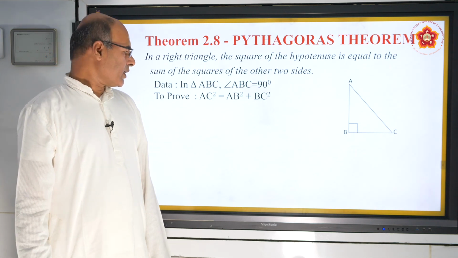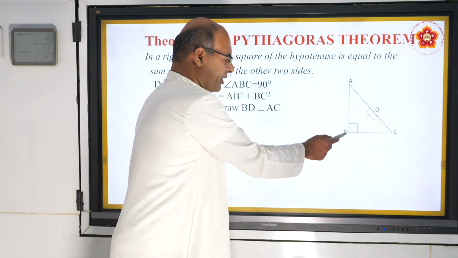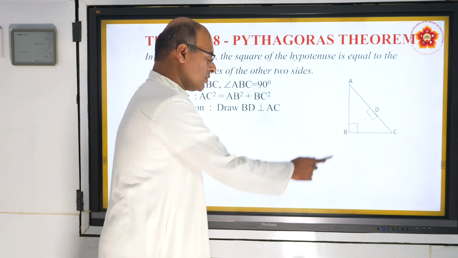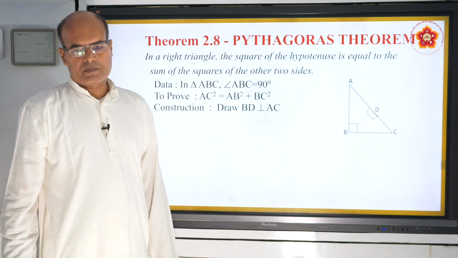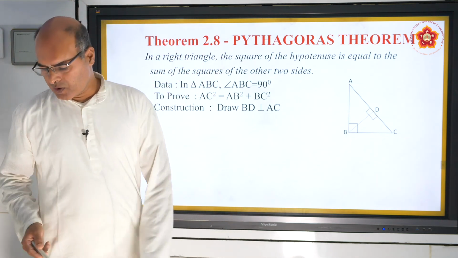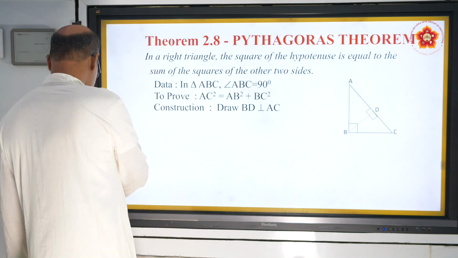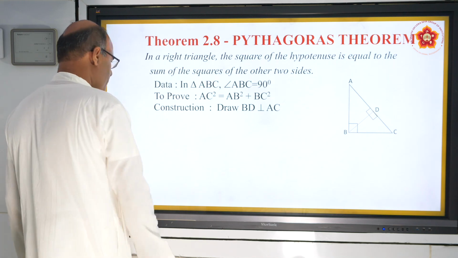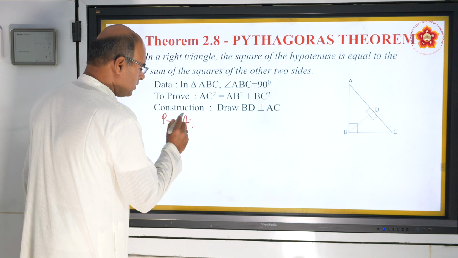So for that we need a construction. Draw a perpendicular from the right angled vertex to the hypotenuse. BD is drawn perpendicular to AC. I will prove it once, and then once again you can see all the steps. So now the proof.